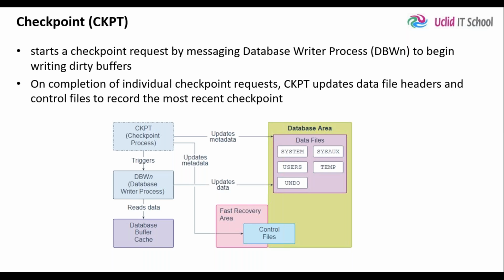So who tells the database writer to start writing? The checkpoint background process. It rings the bell: now is the time to write the changes. That is done by the checkpoint background process.